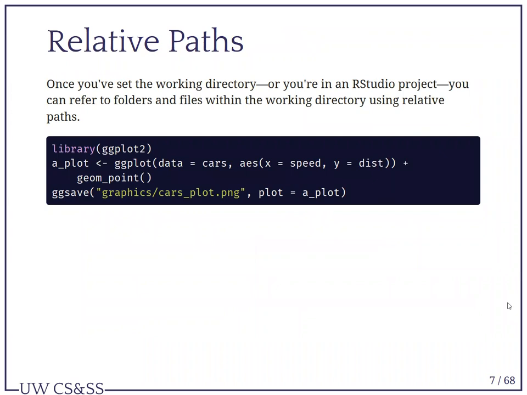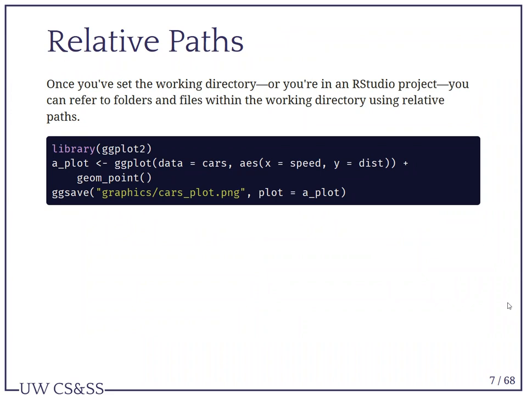Okay, so once you've set the working directory or you're in an RStudio project, you can refer to folders and files within the working directory using relative paths. That is the relative location of the folder you're working in to other folders in your computer or your instance.